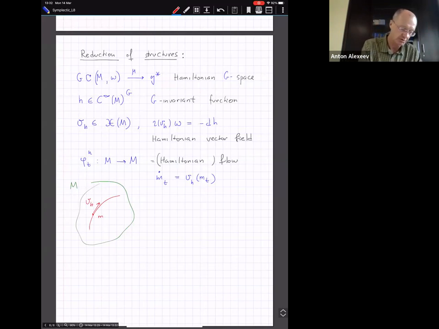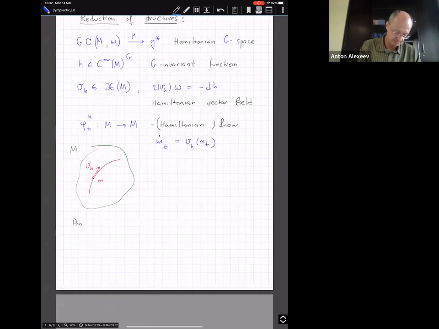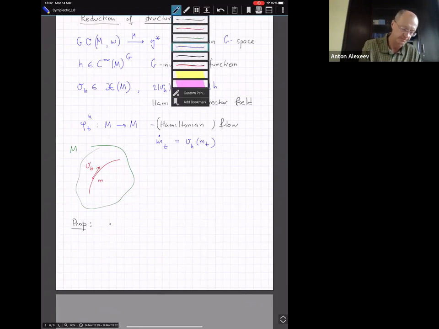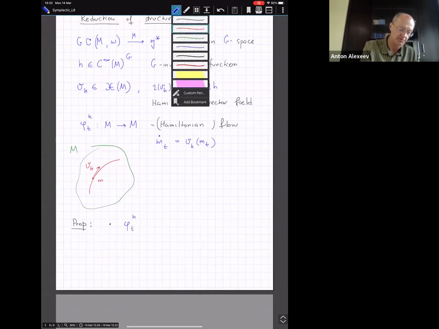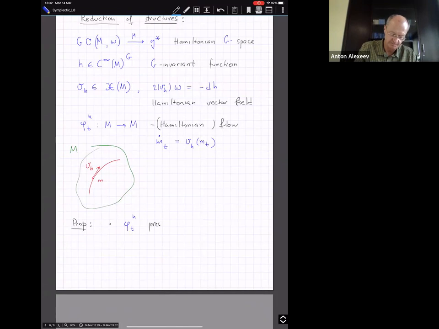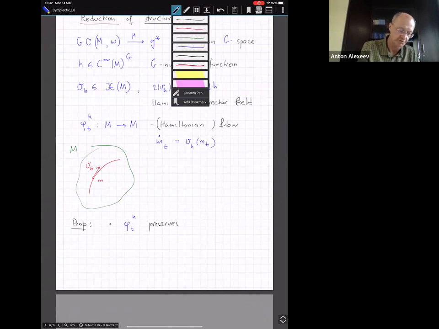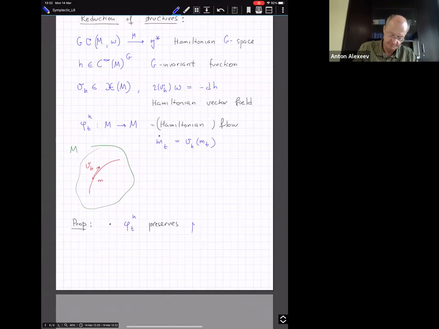Okay, so here is a simple proposition which says the following. First of all, this flow phi t of h preserves fibers of the moment map for any xi. So we move along the fibers.